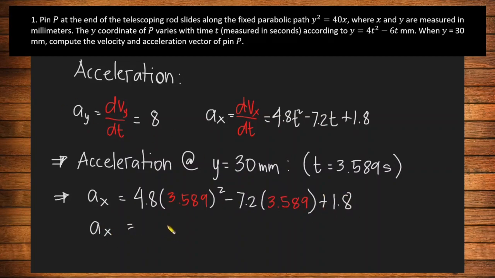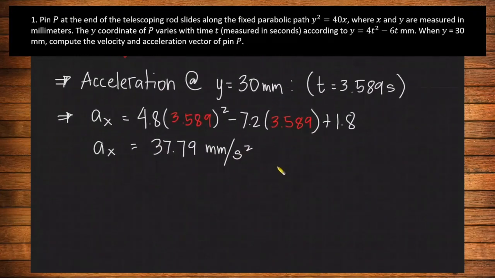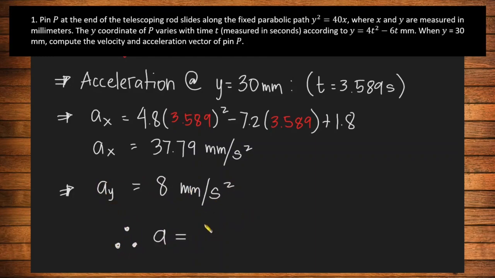So this will be equal to 37.79 millimeters per second squared. And then for the y component of our acceleration, 8 lang naman yun. So that will be 8 millimeters per second squared. Okay? In vector notation, that will be equal to 37.79 i plus 8j millimeters per second squared.